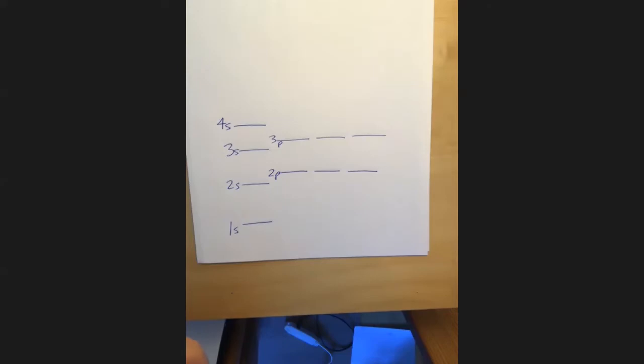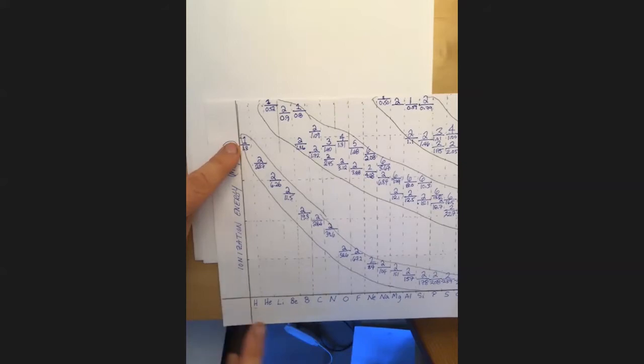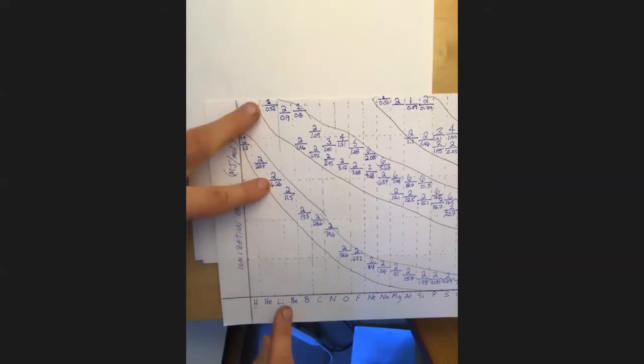So for every atom, we're going to put electrons into this energy level diagram consistent with what we saw in the photoelectron spectroscopy. So hydrogen has 1 electron and it's in the 1s. Helium has 2 electrons, they're both in the 1s. And then lithium has 3 electrons in total, 2 in the 1s and 1 in the 2s.